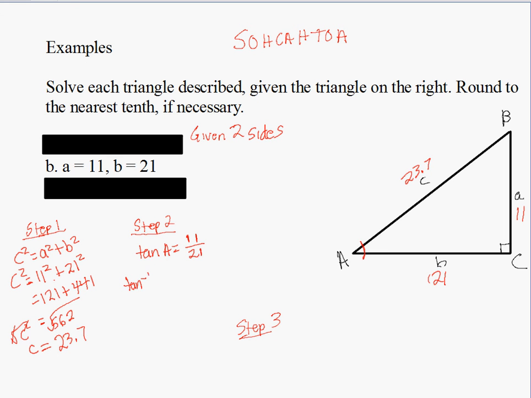Tangent inverse of tangent of A equals 11 over 21, and that's not 11 over 21, I apologize. That's the inverse tangent, because whatever you do to one side, you got to do to the other side. So this is tangent inverse of 11 over 21.